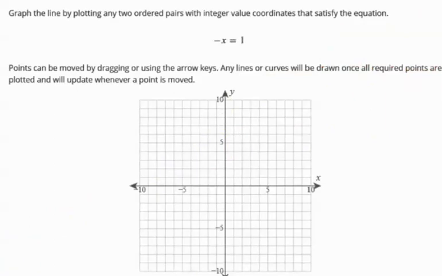Now, for our last example here, we're asked to graph this equation. Well, again, from our review sheet of formulas of Chapter 3, if we solve this for a positive x, we're just going to multiply each by a -1. We get x equals -1, which is x equals a, which you may recall is the equation of a vertical line.